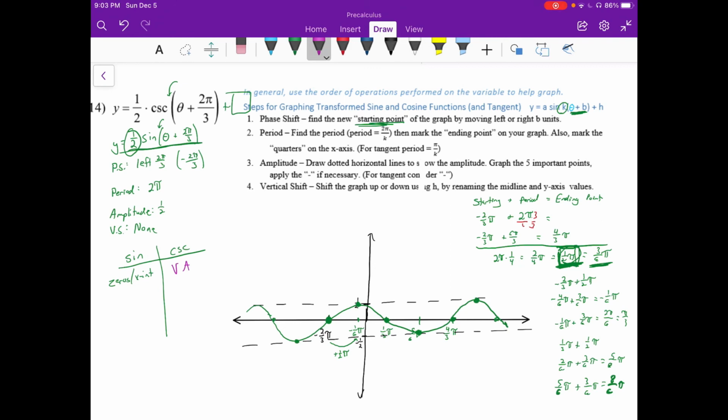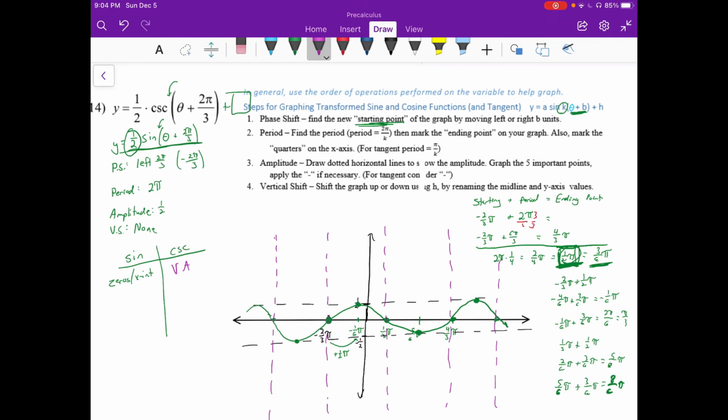So I'm going to draw in those vertical asymptotes. And then from there, we can graph the cosecant graph.